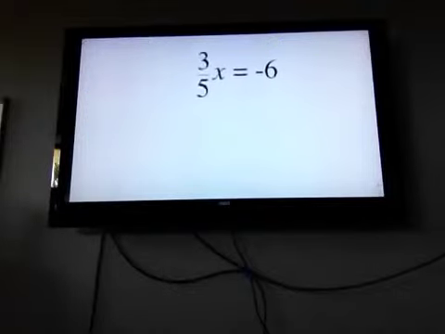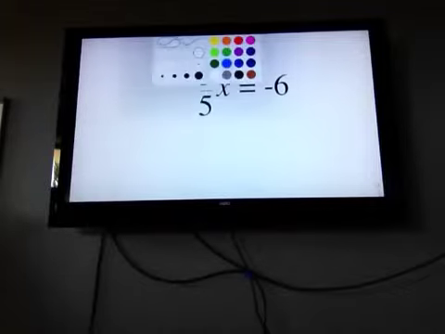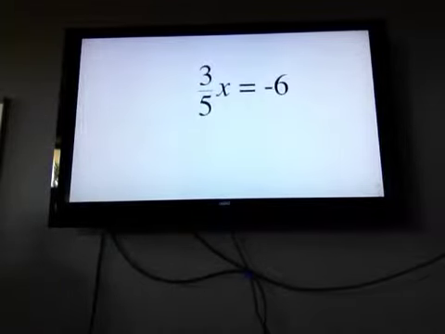Okay, question 2. I only have one denominator, so that number that's there is the LCD, 5. So take both terms in the equation by 5. So on the left side of equals, my 5's are going to cancel.